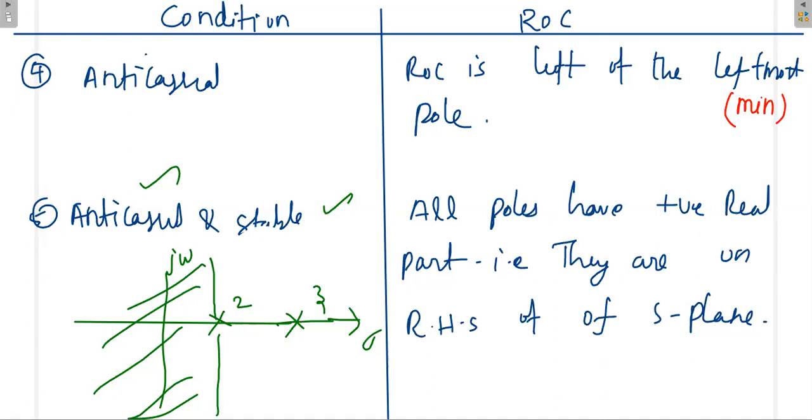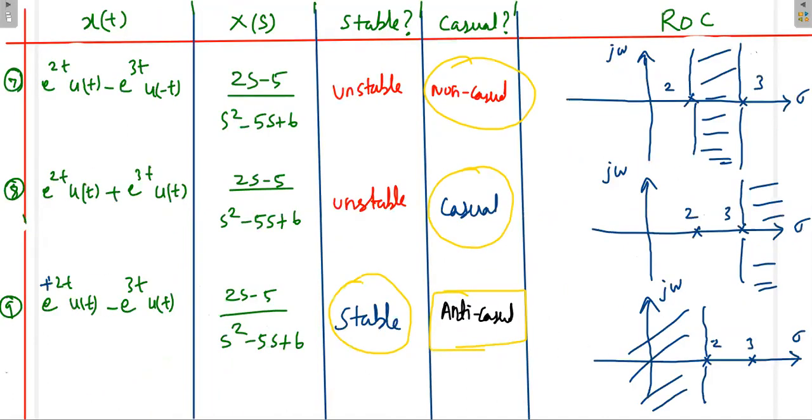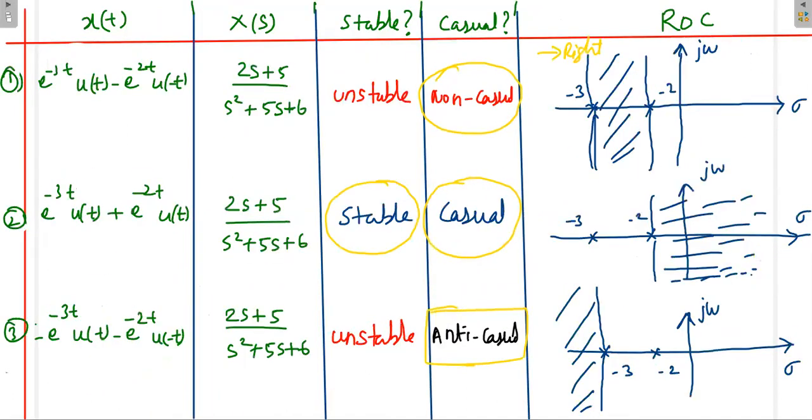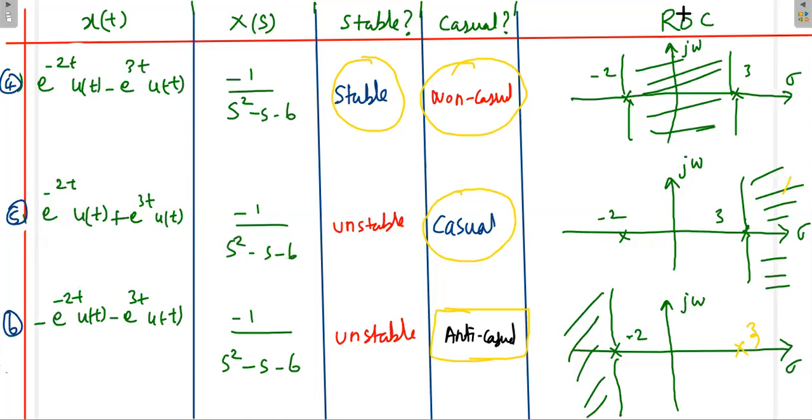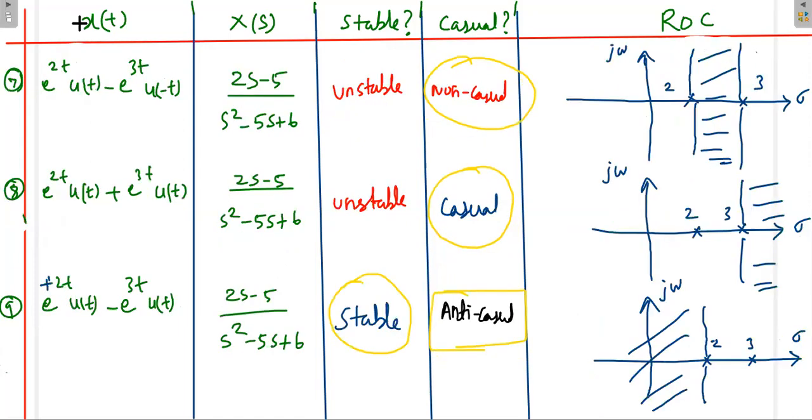In future, we will see the inverse Laplace transform. After discussing the basics of the inverse Laplace transform, we will be given X of s with a particular ROC, and then we should get x of t. The same X of s with a different ROC will give a different x of t.